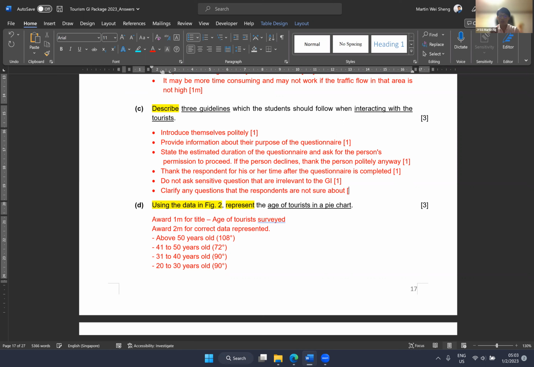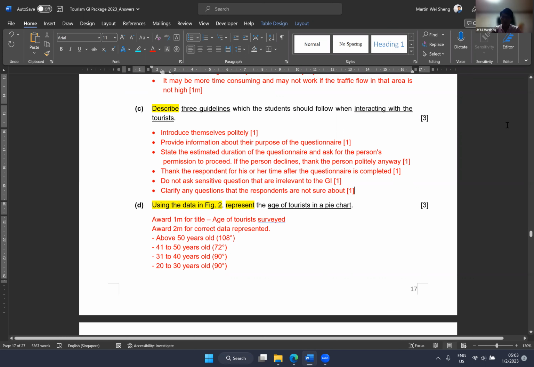So you want to ensure that your questionnaire is reliable, right? The data collected is accurate and reliable. So if the respondents did not know what you're trying to ask, you have to clarify the questions and explain to the tourists what these questions are trying to ask.